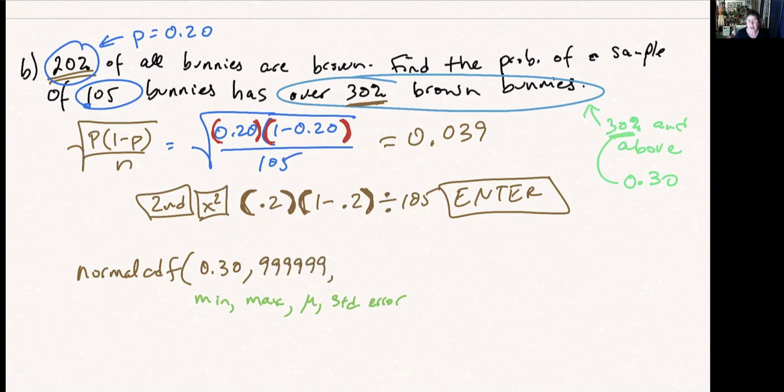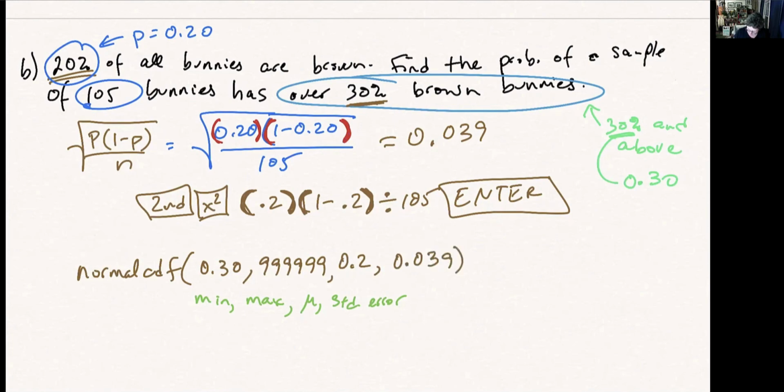And the max, 99999. Again, you might recognize that it can't be over 100%, but remember, I like to use the numbers that work 100% of the time, and that's 99999. That way we don't have to worry about the context. Just use the 99999. It works every time. And then our mean is 0.2, and our standard error we can put in as 0.039.